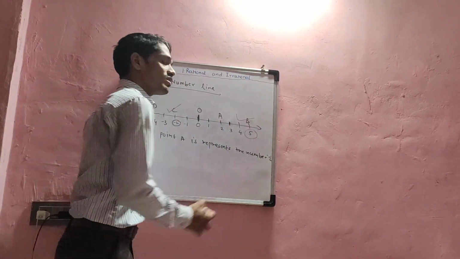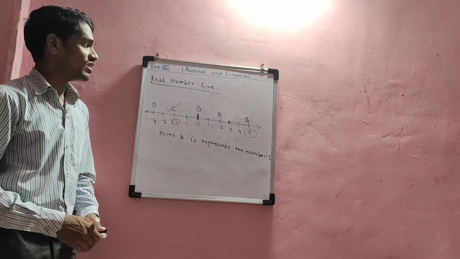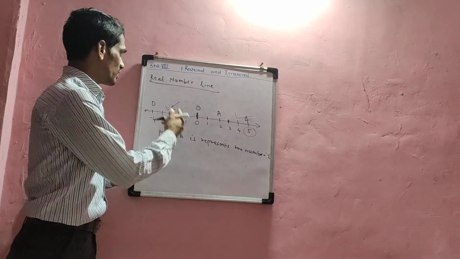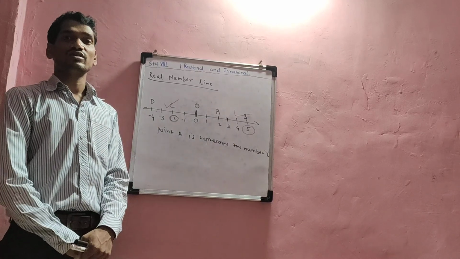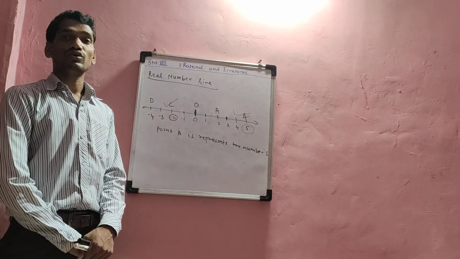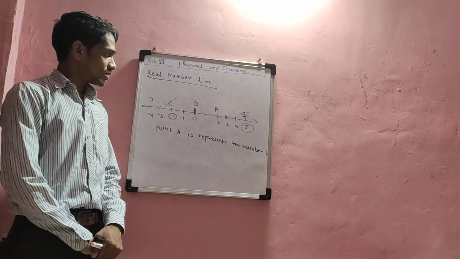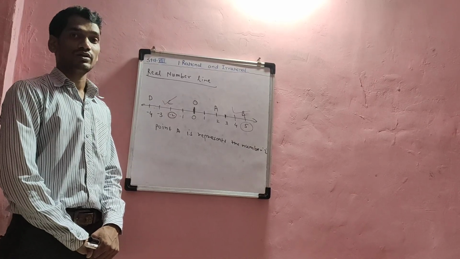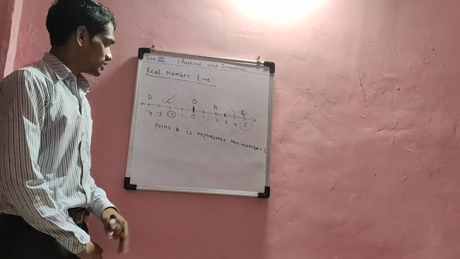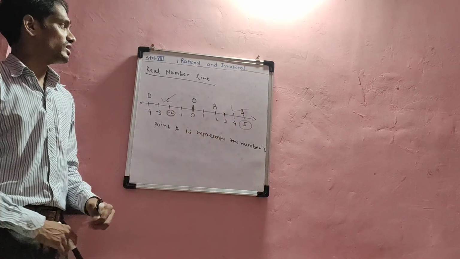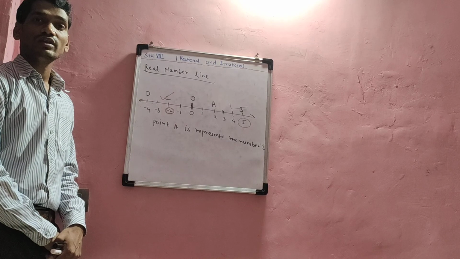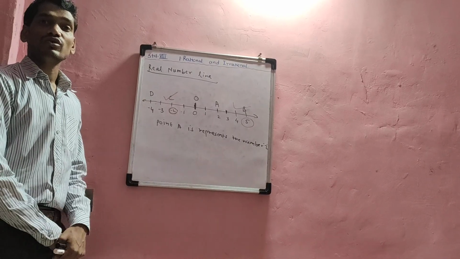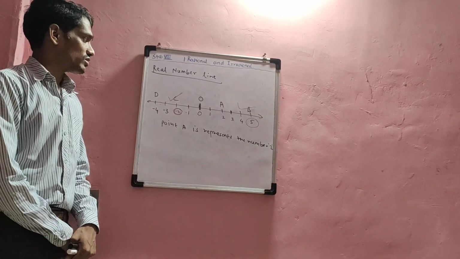So the answer is B. Point B represents the number 5. Clear, students? So we can use different capital letters to represent the points. Okay, students? So this is a real number line, and in the exam you can be asked this type of questions.